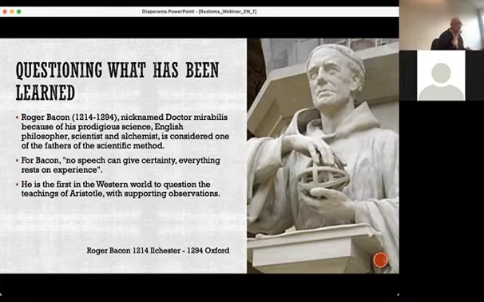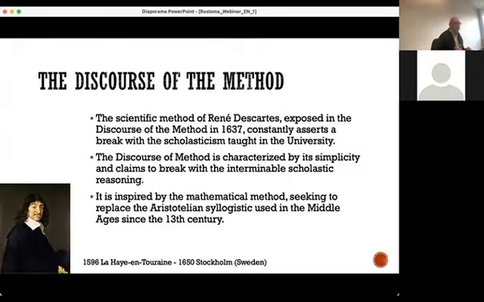Roger Bacon said no, we should always question what we thought was true. And he was the first who questioned what Aristotle had said before. This has been synthesized by René Descartes in the Discourse on the Method. And René Descartes tried to explain the scientific method.